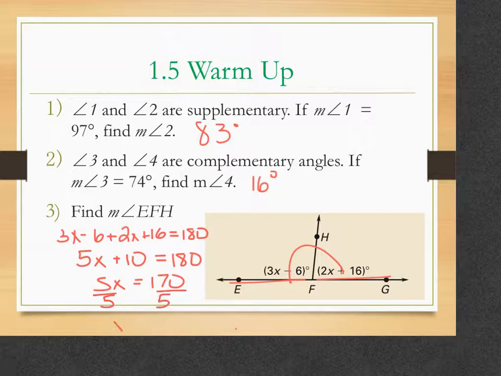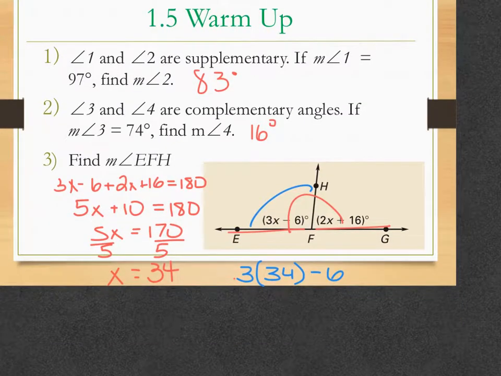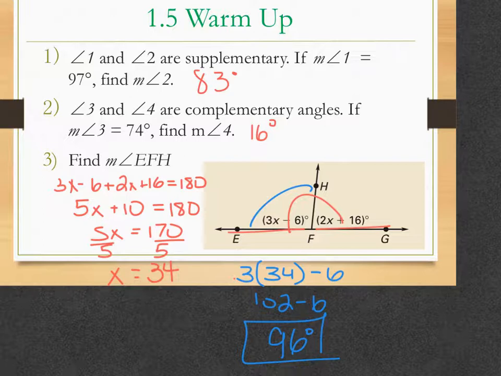I feel like we've had these numbers before, huh? 34, right? And then you want to take that and plug it back in. So EFH is here. 3 times 34 minus 6. 102 minus 6. We did have this one before, right? 96 degrees. Good. Questions?